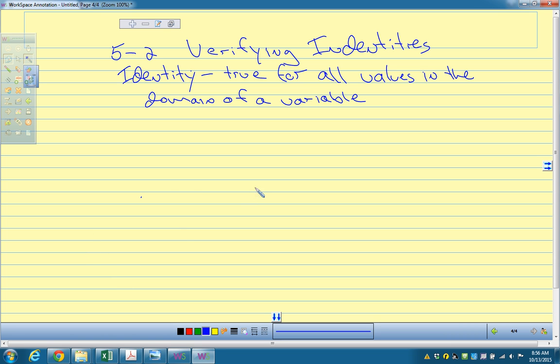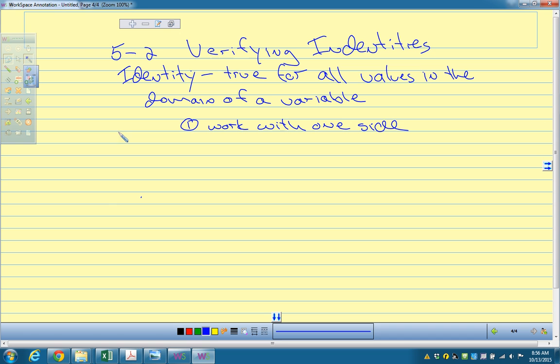Some strategies for working with identities: work with one side at a time. In the book they actually say work with both sides. Don't do that. Just work with one side.